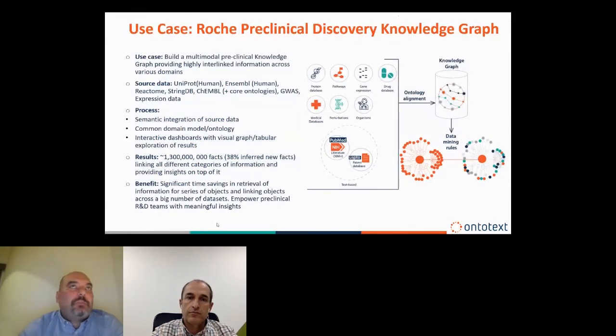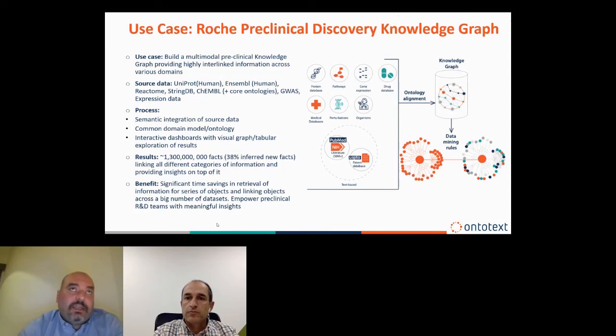So we used primarily public data sets that you can see on the screen. At the end, the result was a knowledge graph of more than 1,300,000,000 facts, with around 40% of inferred new information.